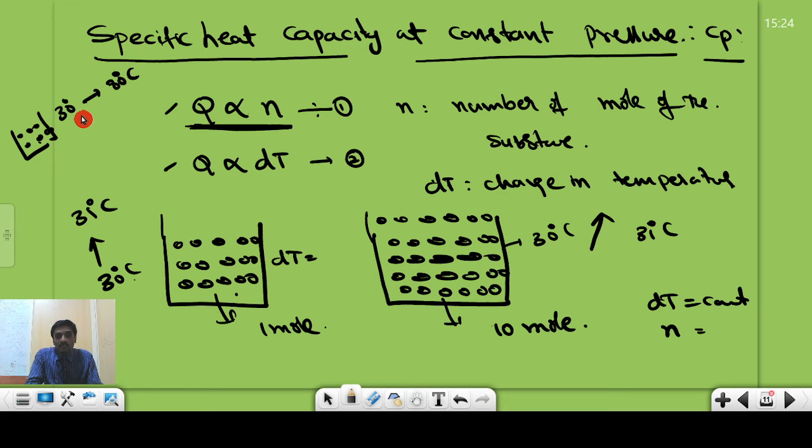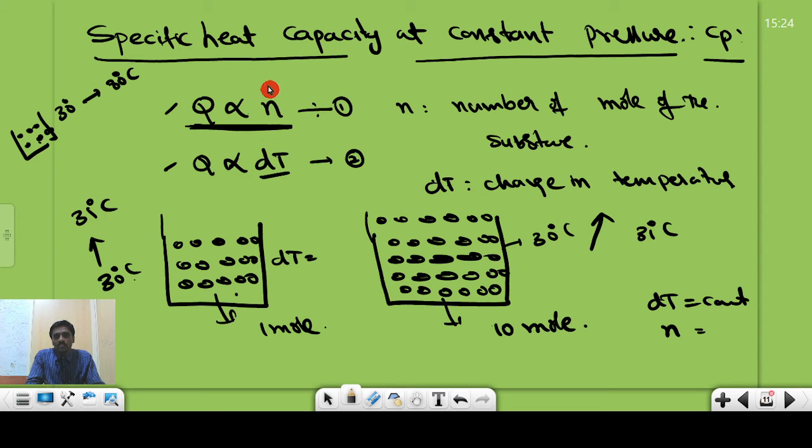Now for the change in temperature of the same substance with the same number of moles, more heat energy is required because we are going to increase a larger temperature difference. That means the number of moles is constant but the change in temperature of the substance differs. So the amount of heat energy is directly proportional to the temperature difference of the substance.